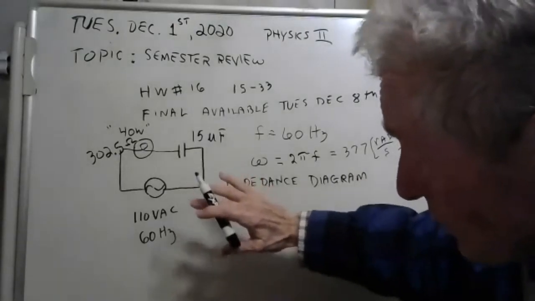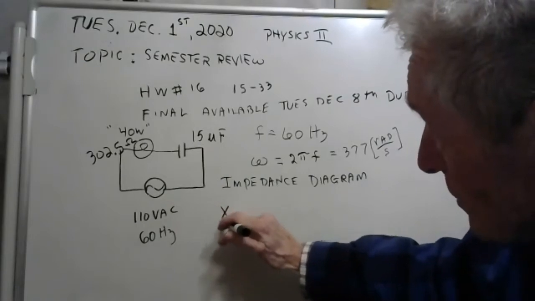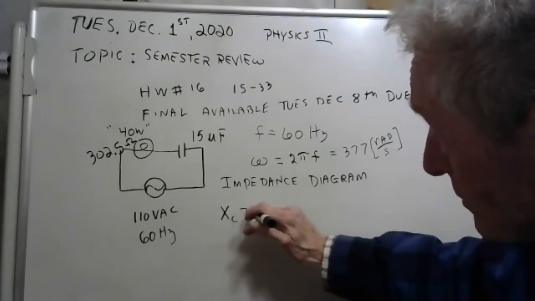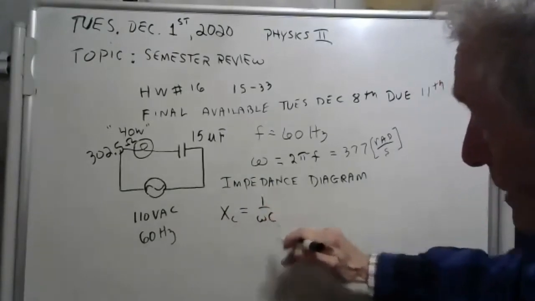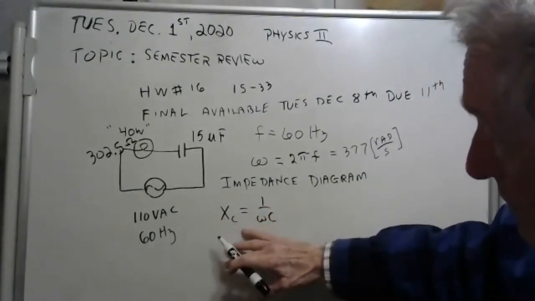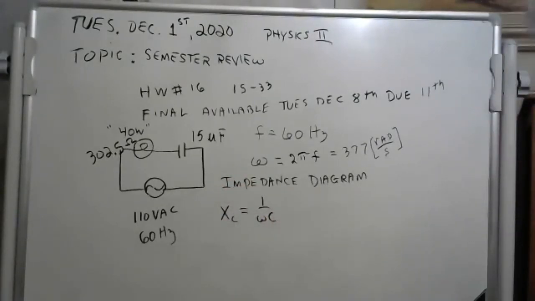Now to do it, we're going to need what they call the capacitive reactance. Do you remember that? That's 1 over omega C. I want you to find that, capacitive reactance, and then I want you to draw the impedance diagram. Again, I'll let you work for a minute.